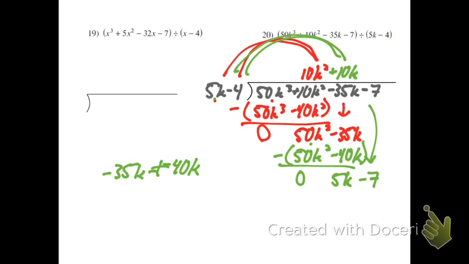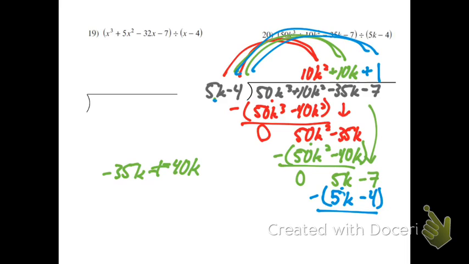All right, hopefully everybody's still with me here. What do you multiply by 5k to get 5k? That's a 1. Got to have a 1 there. Then we take 1 and we distribute it. So this would be 5k, and then we have minus 4. This looks a little bit like a 6, and so just for all the haters out there, I'm going to put a 5 there. And I'm going to subtract this. So 5k minus 5k, that's 0.